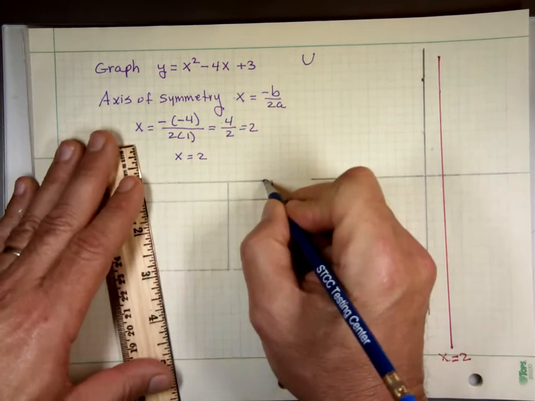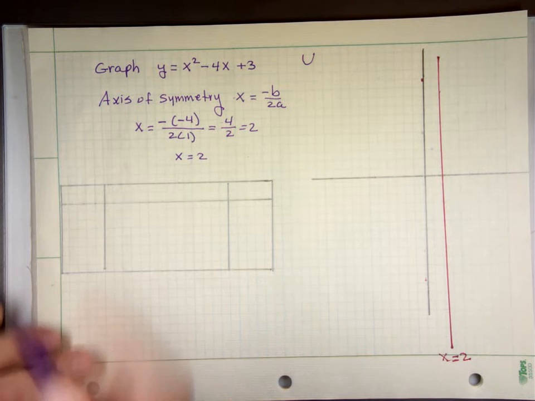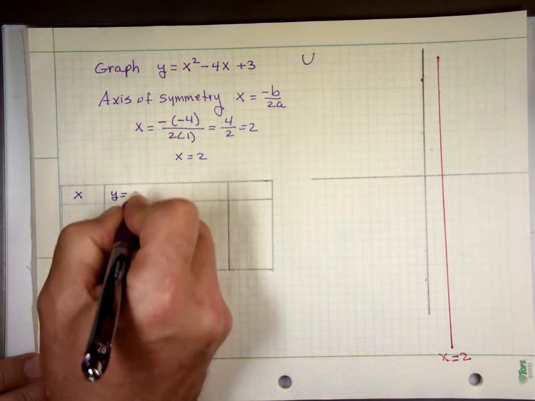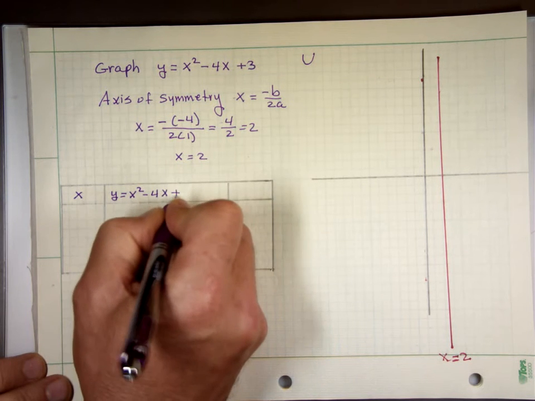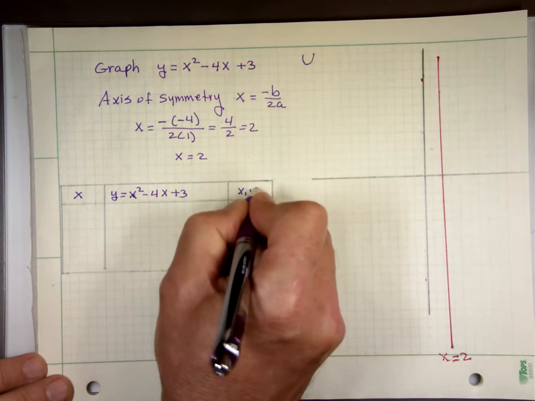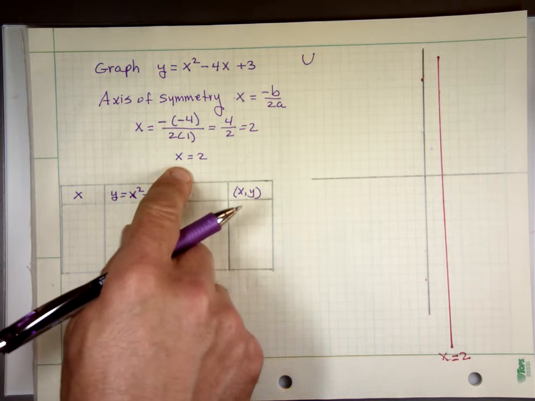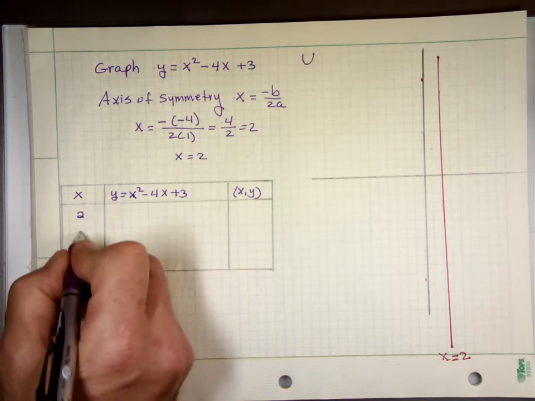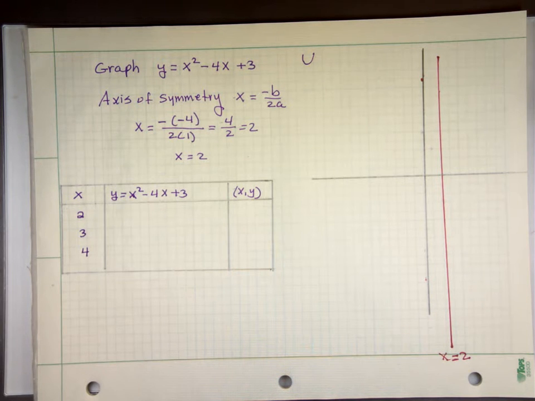I'm going to pick values for x, then go to this equation and plug them in. Since my function is symmetric with respect to x equals 2, I'll start with that value, 2, then I'll pick values above that, 3 and 4. That's plenty.